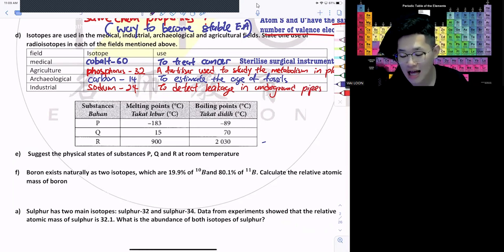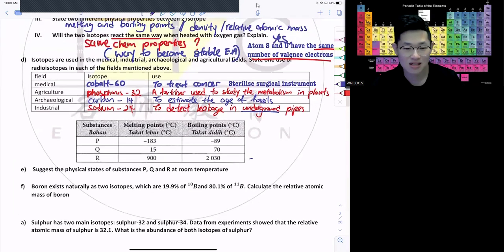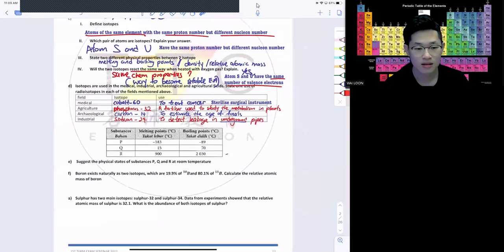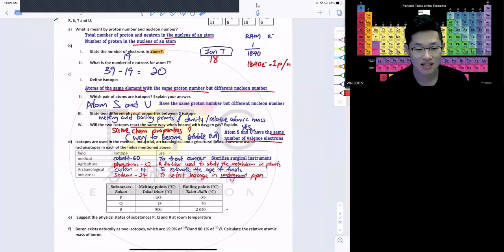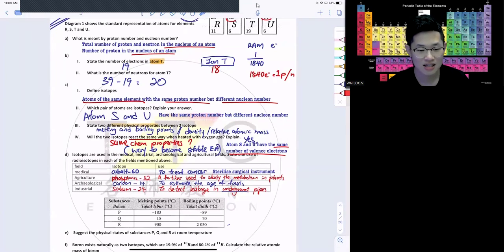Must mention underground, guys. Leakage in the underground pipes. It's like that. Okay, then continue.